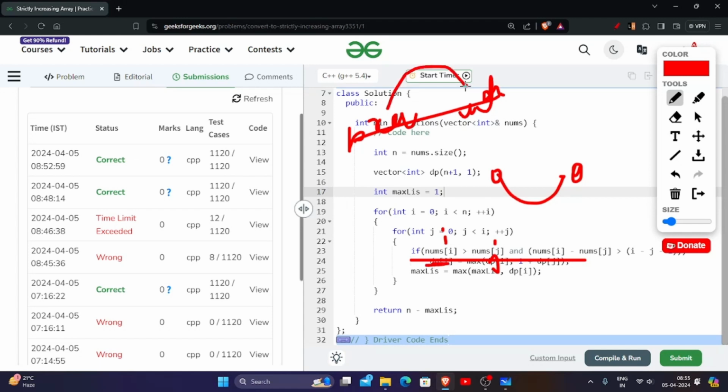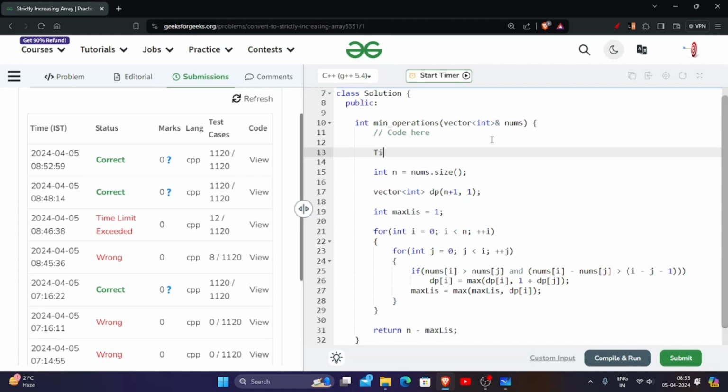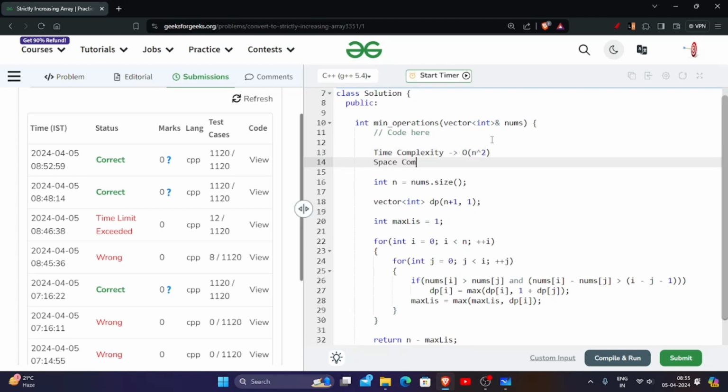There we maintained two states, so for maintaining those two states we had a 2D array. But here we realize that only one state can help us form the maximum. So the time complexity for this, the best approach I feel, would be order of n square, and the space complexity would be order of n.